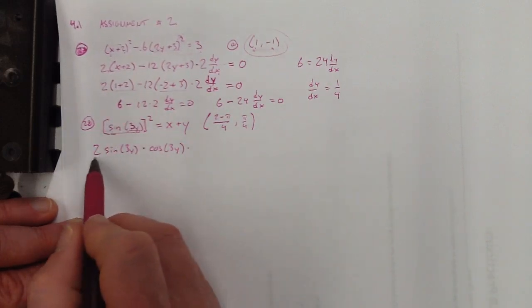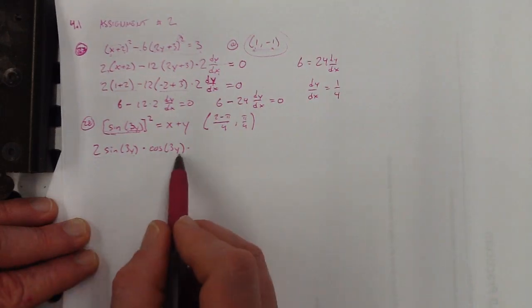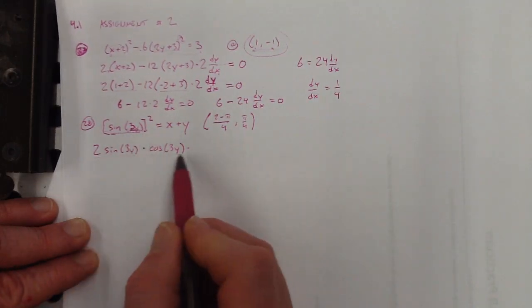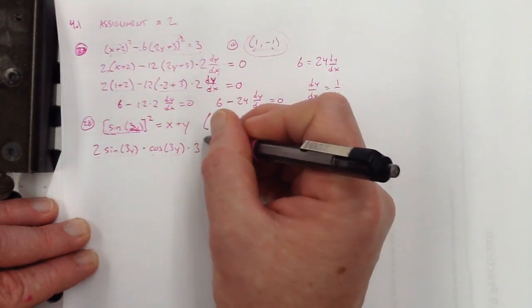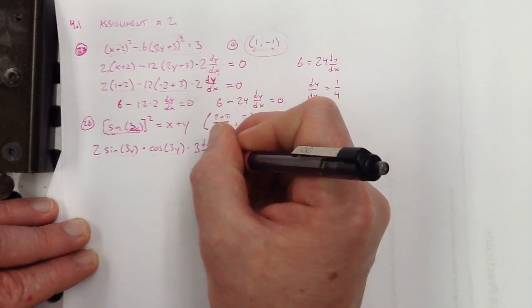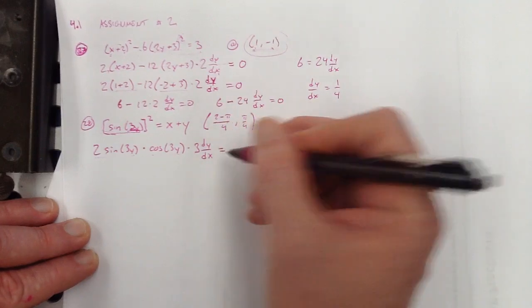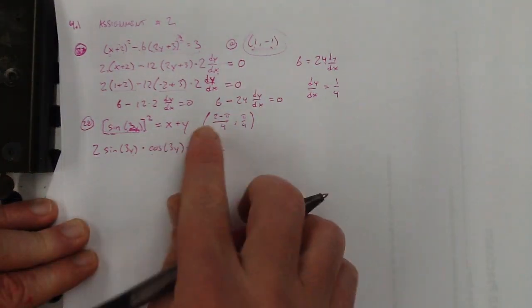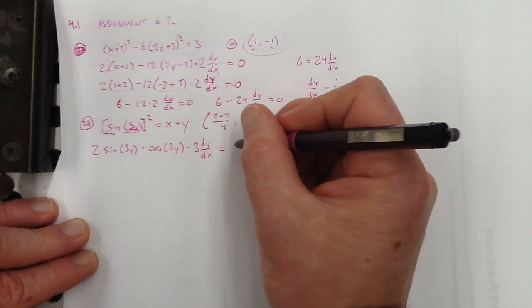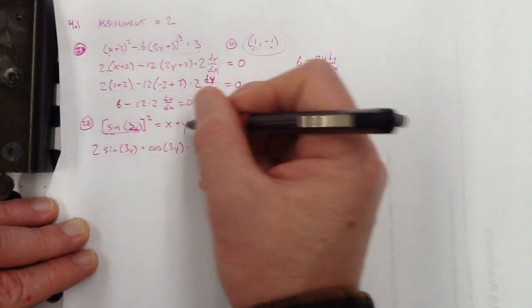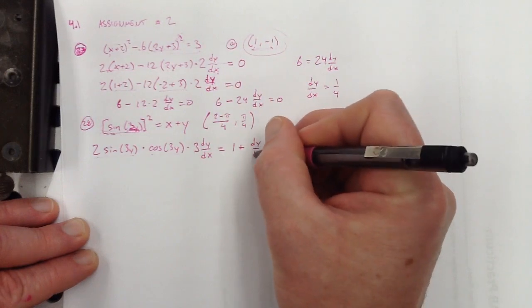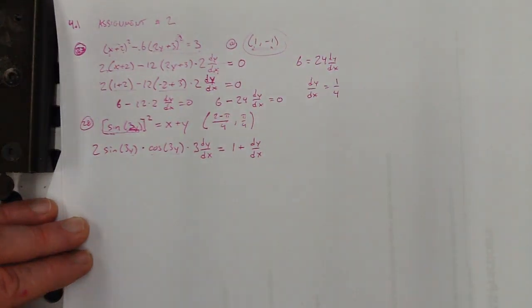So the first Russian doll pops out, and then the derivative of what's inside of that, which is 3 dy/dx. On this side, derivative of x is 1. Derivative of y is dy/dx.